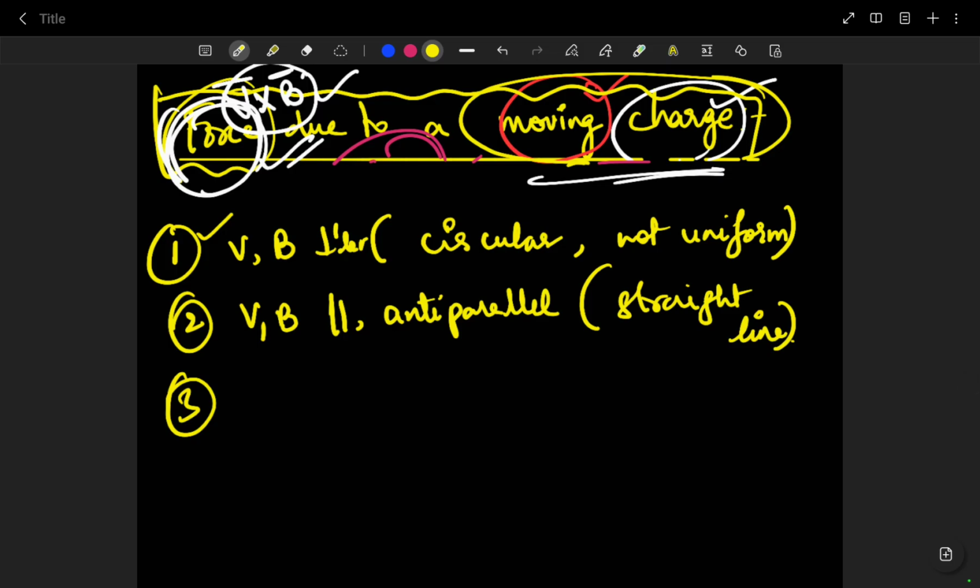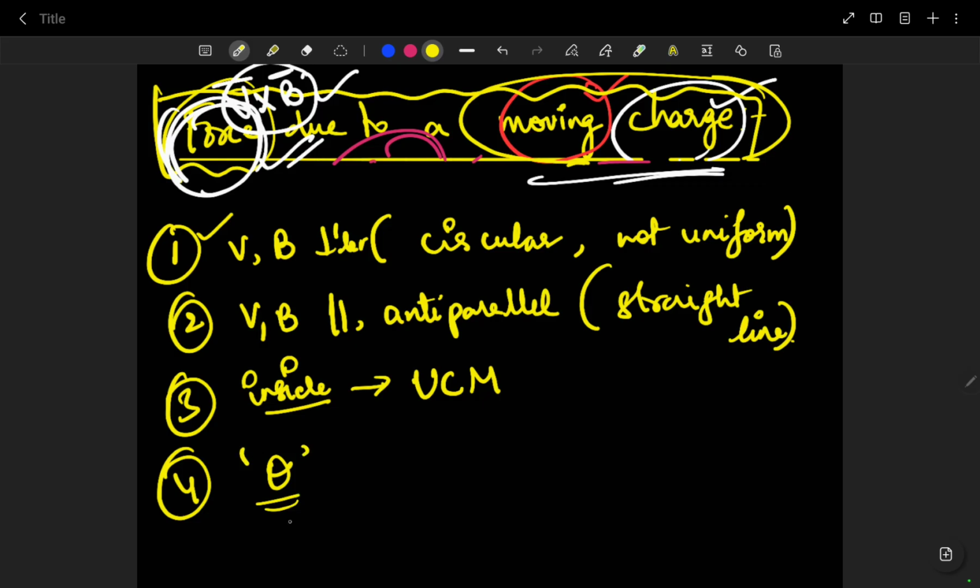And then in the third case, it's a special case. At that time, the charge is traveling in uniform circular motion, UCM, right? Where the speed doesn't change, it remains constant, and velocity is changing in terms of direction, right? And then in the fourth case, you're choosing an angle theta and you're projecting the charge, right?